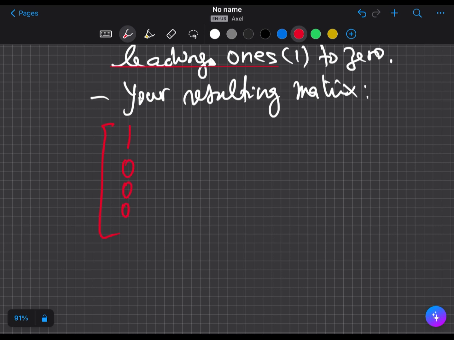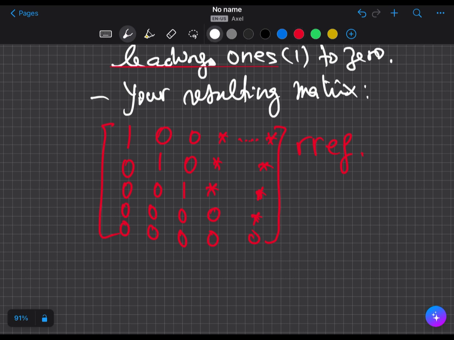1 0 0 0 0, 0 1 0 0 0, 0 0 1 0 0, and then I may have a star star 0 0 dot dot dot star star star star 0. So this matrix is what we call a reduced row echelon form of a certain matrix, right? Now, notice the staircase or step ladder drawn to the matrix that has all entries below it equal to 0.